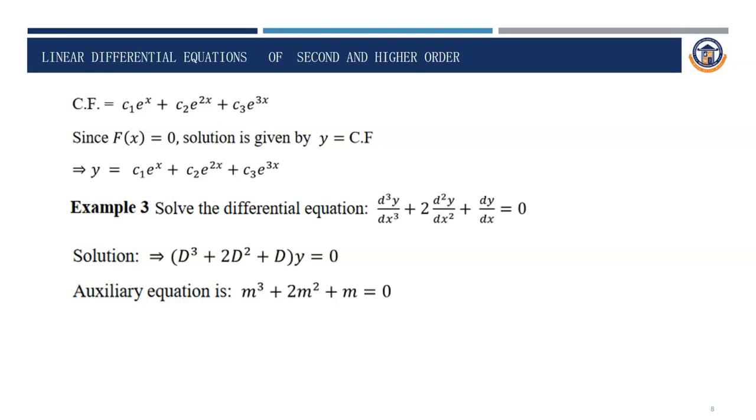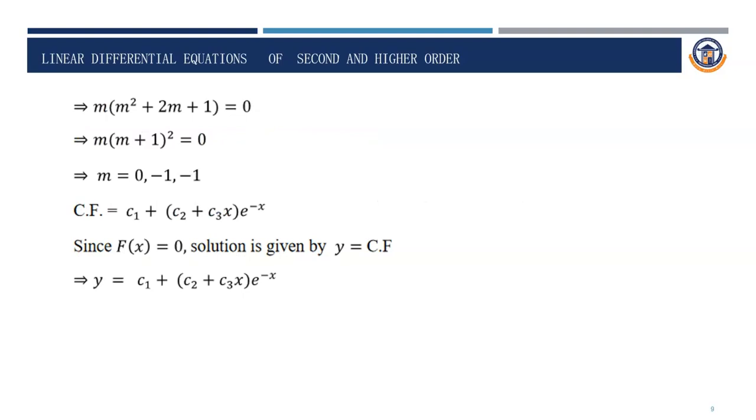Similarly, we can solve the third one, d cube y by dx cube plus 2 d square y by dx square plus dy by dx equal to 0. The auxiliary equation is m cube plus 2m square plus m equal to 0. Therefore, m is equal to 0, minus 1, minus 1.